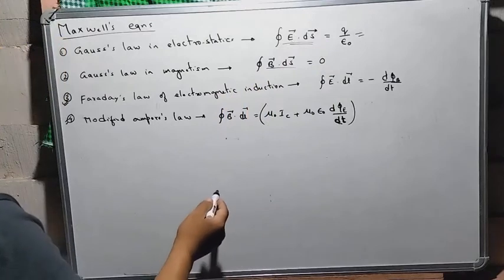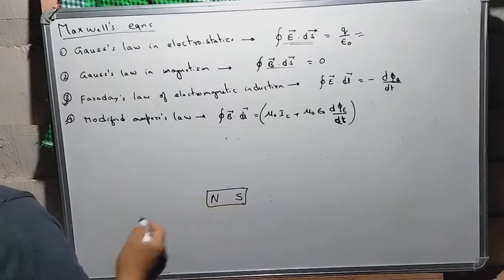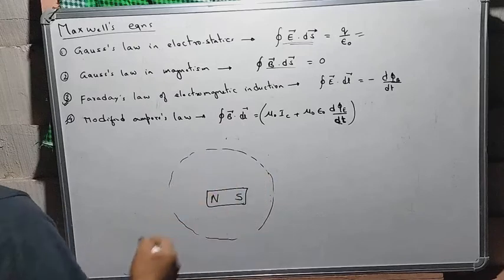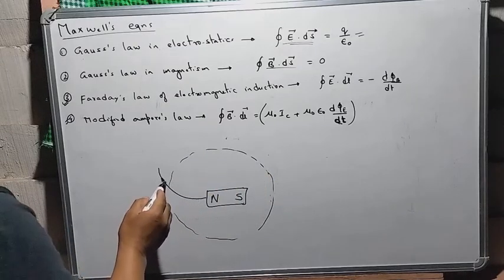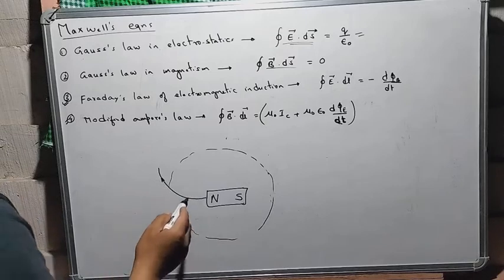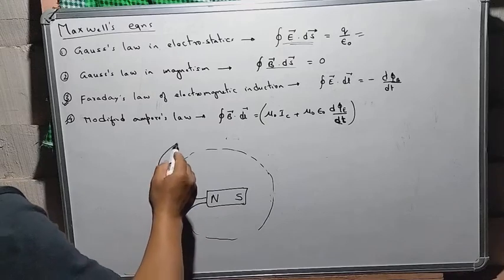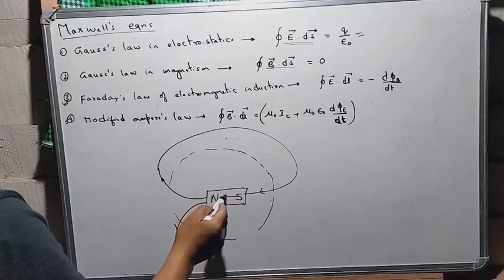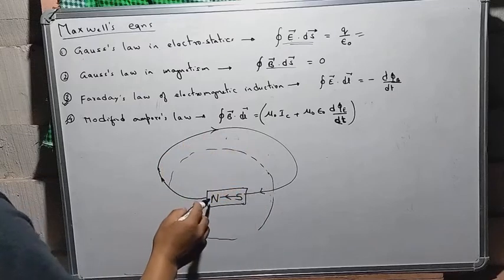It means that if this is a magnet, with this the north pole and this the south pole, and I draw a closed surface over this magnet, then the magnetic field lines come from the north pole, because magnetic field lines are always generated from the north pole, and they go to the south pole in this way, and inside they go from south to north like this. Looking at these lines, we can say that they form a closed path.